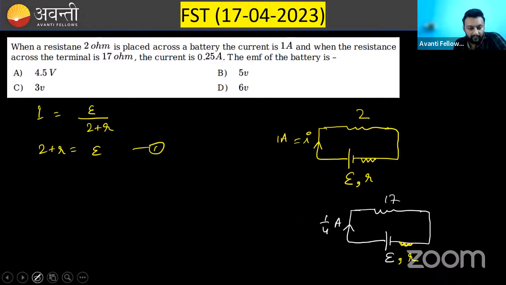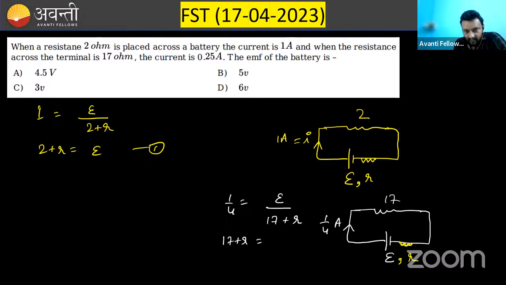For the second diagram, you can conclude that current, that is 1 by 4, is equal to EMF E divided by resistance 17 plus small r. So you can again cross multiply it. You can say that 17 plus r is equal to 4E.